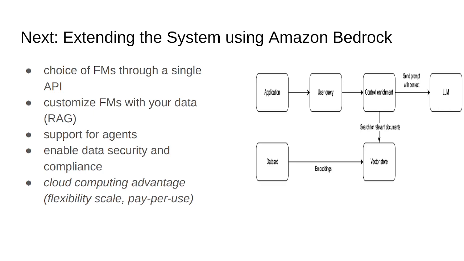One can customize the foundation models with their own data without hardware constraints. In addition, Bedrock provides built-in support for agents, so you can create more performant applications. And for enterprise applications, it's crucial to have data security and compliance out of the box using AWS technology.